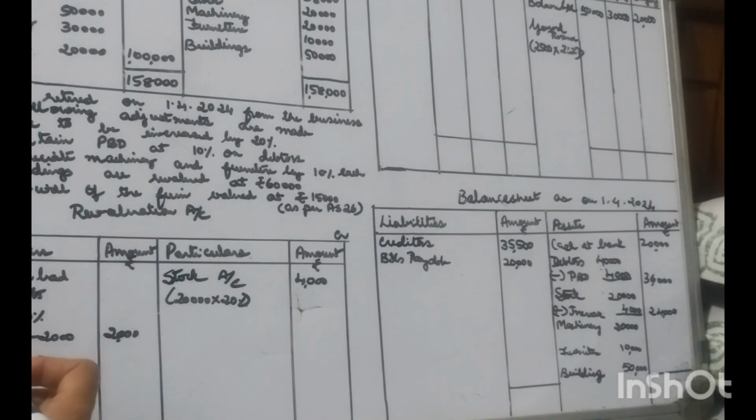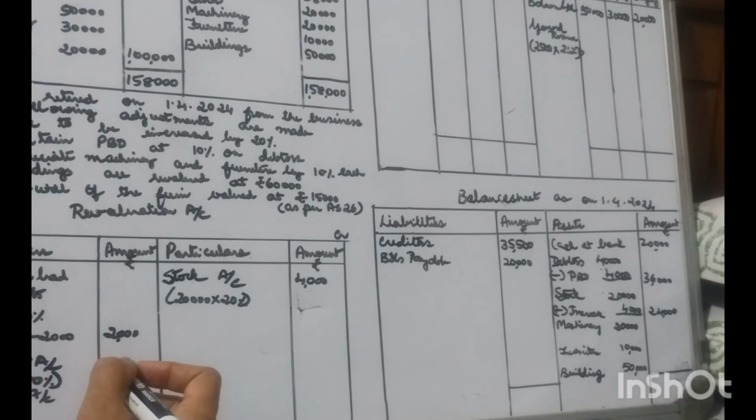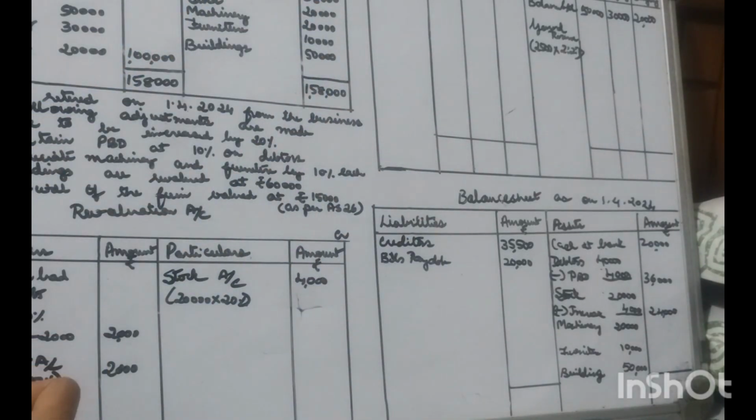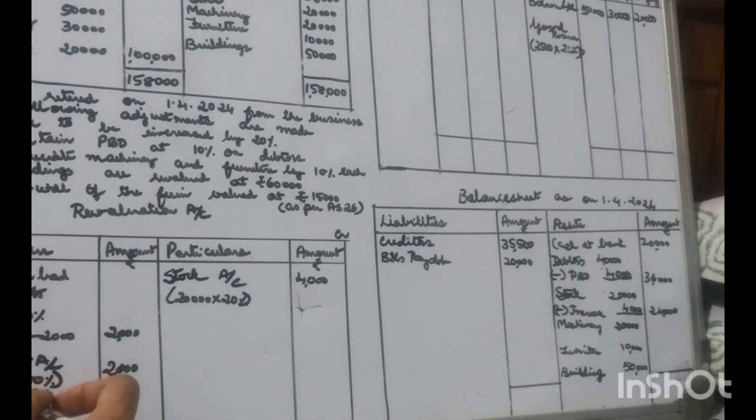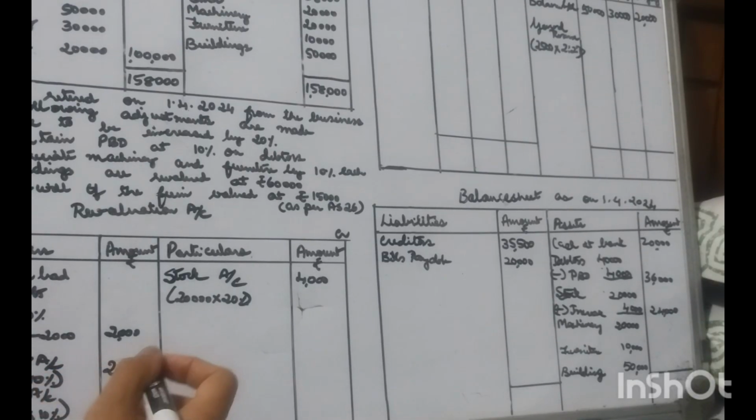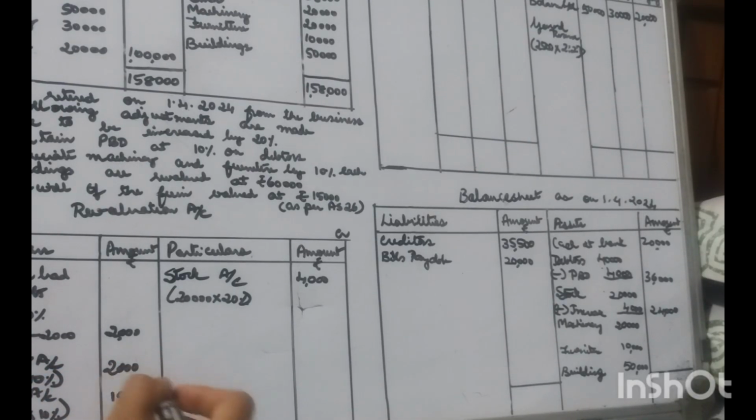The value of machinery is 20,000, provide 10%, that will be 2,000. Again furniture, the value of furniture is 10,000, so 10% depreciation has to be provided, that will be 1,000. So this is the entry.